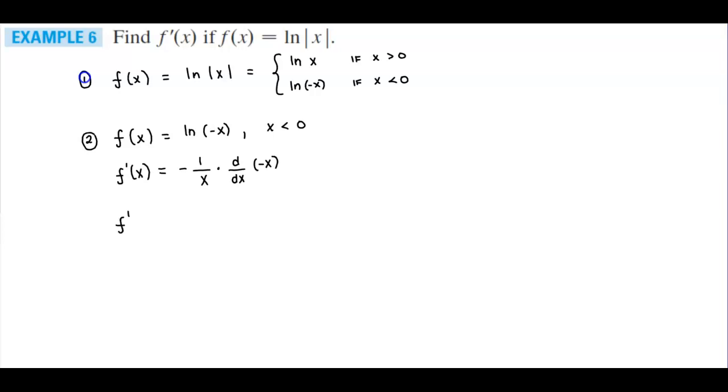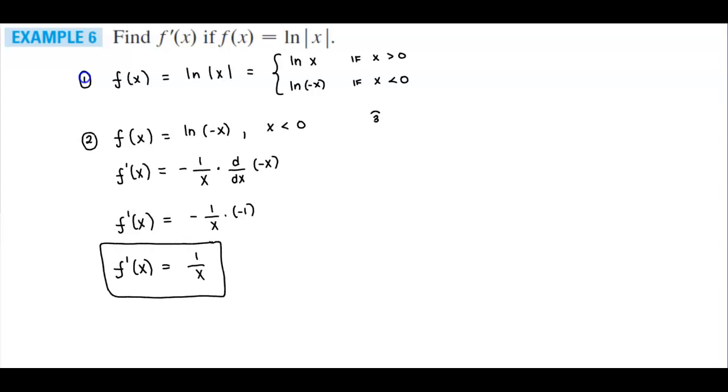So therefore, f prime of x is going to equal negative 1 over x. And what is the derivative of negative x? Well, that is negative 1. So therefore, we can see that the derivative, or f prime, is going to be positive 1 over x.